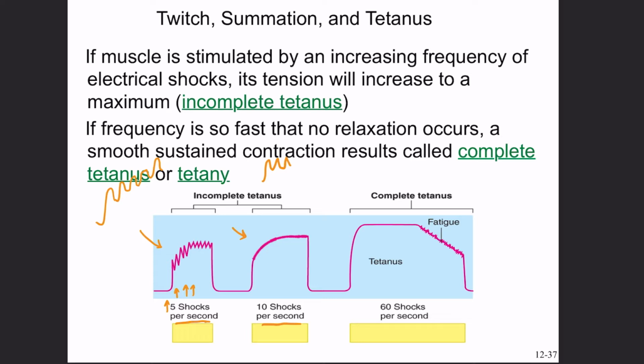If, however, there is so much frequency of stimuli and it's so quick that it's not going to allow for relaxation, this is now called complete tetanus. And so this is a much smoother graph. There is not going to be any rest in between the twitches.